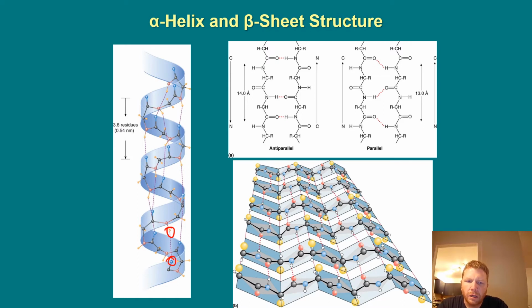You're going to see hydrogen bonds between these blue and yellow atoms. Here's one, here's one, here's one, here's one, and so on. And so it's these hydrogen bonds between different parts of the backbone that actually help establish that alpha helix. Now, the beta sheets are on this side of the slide.